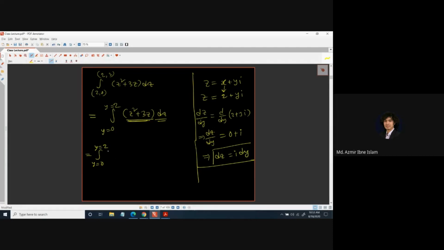Now for z squared, inside z we have x plus yi, so it will be (x plus yi) squared plus 3(x plus yi), and dz. dz is found to be i dy. Is that okay up to now? We have already written y equal to 0 and y equal to 2 many times, so let's keep only 0 to 2, which has the same meaning.